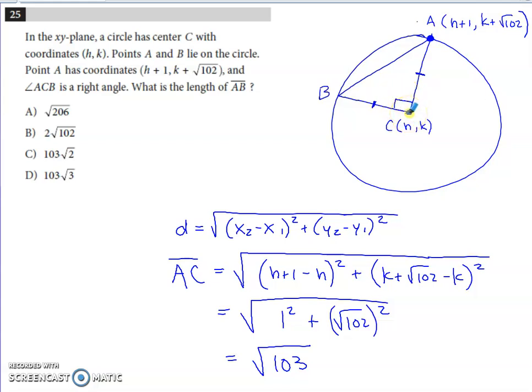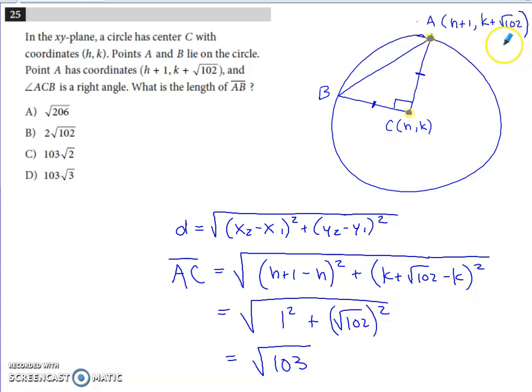To plot point A, I went a little bit to the right. The x-coordinate between the center and point A has increased by 1. And then the y-coordinate for the center is k, but for point A it is k plus square root of 102. Now square root of 100 is 10, so square root of 102 is just ever so slightly above 10. So when I plotted point A, I went over 1 unit, and then I went up approximately 10 units, and then I plotted point A on the circle. I listed the coordinates of point A right beside it.